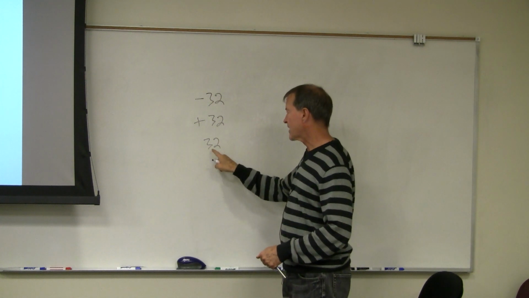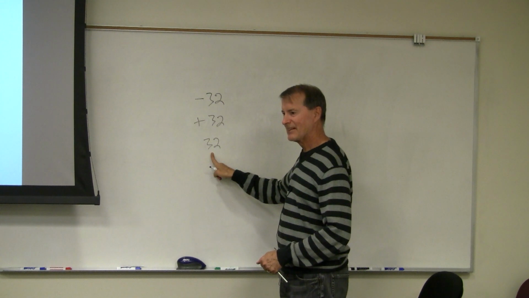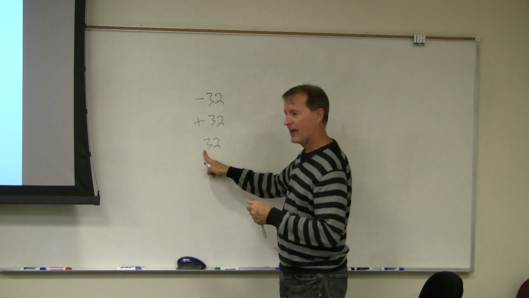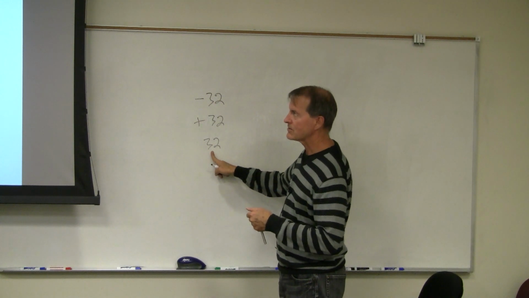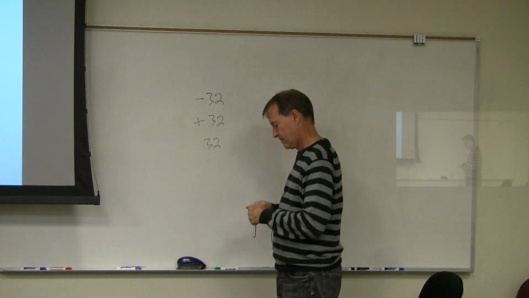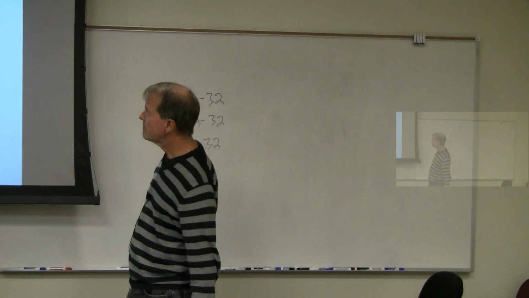The way it recognizes 3, 2 is by taking that empty transition. So it's here, and then it takes the empty transition to state F, and then it scans the 3 to get to state M. Since they all go to the same state, is it irrelevant to check the transitions?